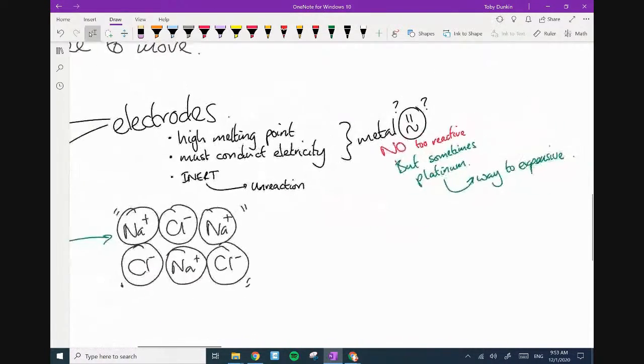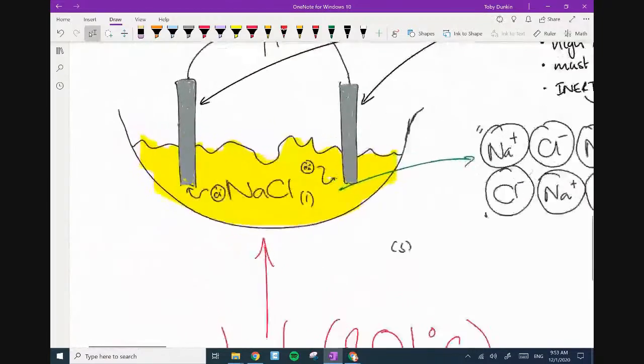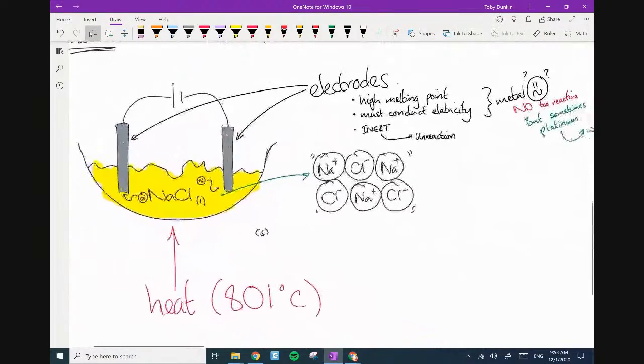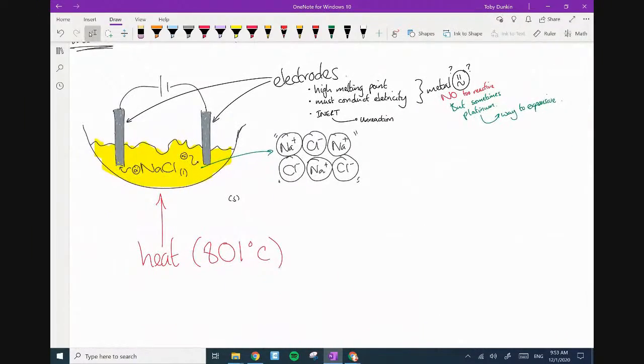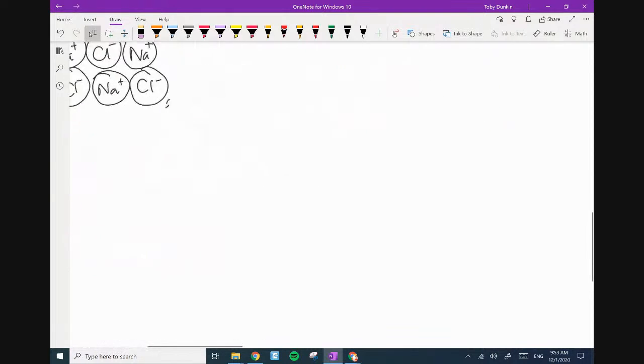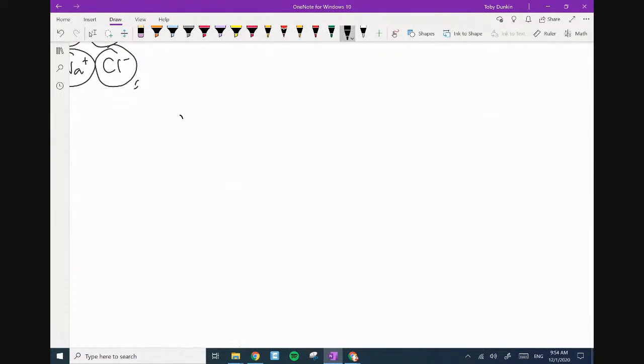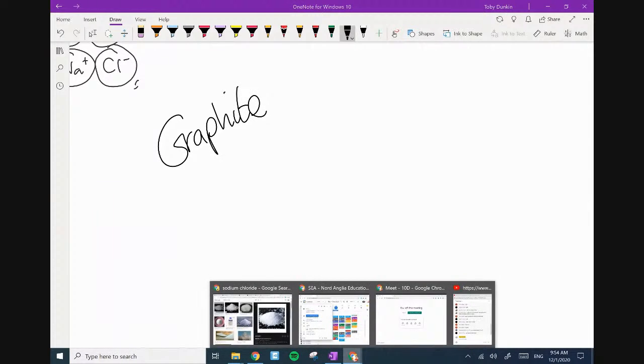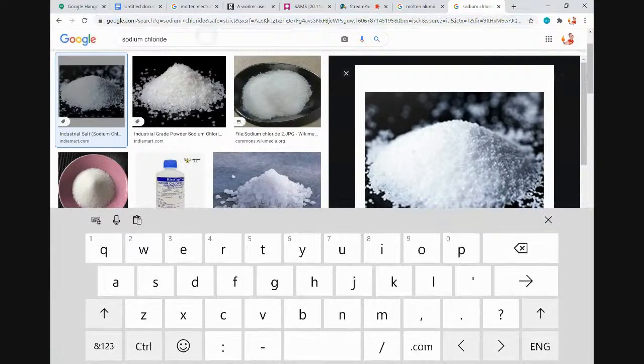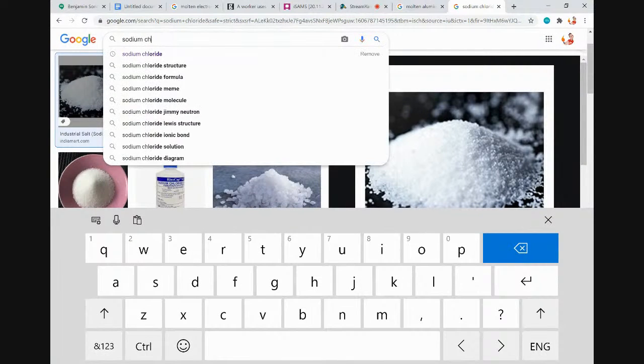So what do we use? There's one material which you all have on you in school every day that is suitable. And that is graphite. Check this out. Graphite electrodes.